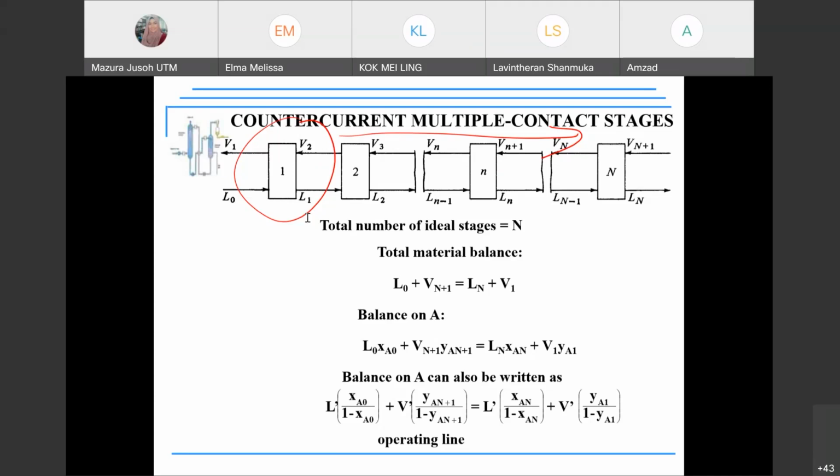Gosh, okay. All right. So I hope you do get what I covered today, because you are going to use the content, the knowledge and equations that I've shown you today in our next classes for the hardcore content of the topic, which is the counter-current multiple contact stages, where your test 1 actually will cover until here, the multiple contact stages.